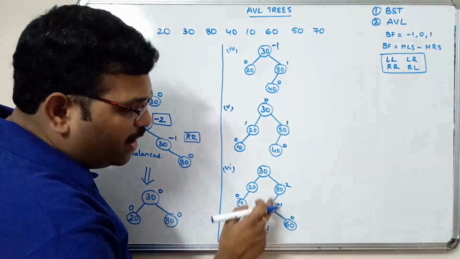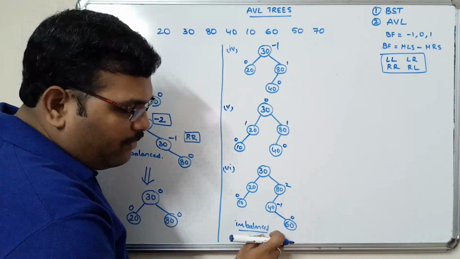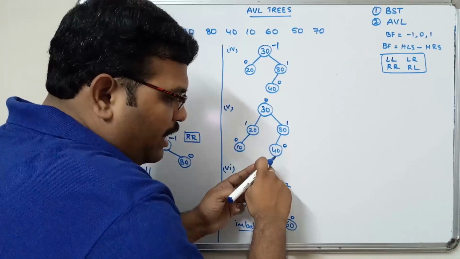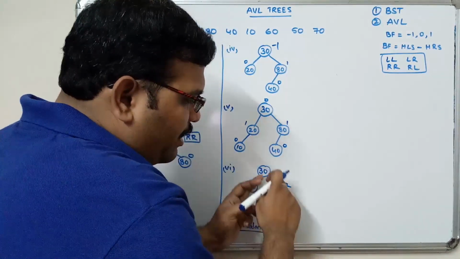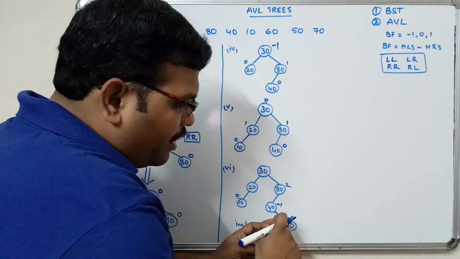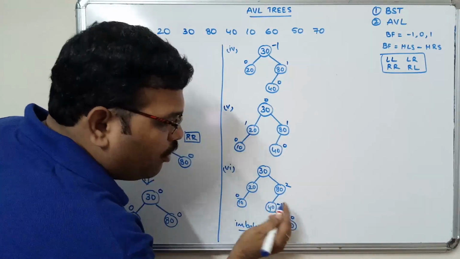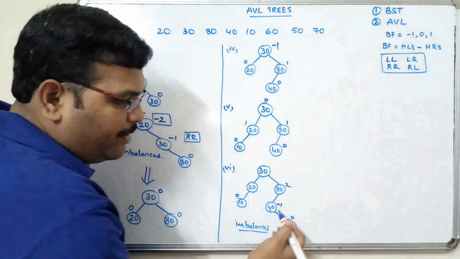So here when we are getting this violation, whenever we are inserting an element towards the right side, see, here we have got the violation for 80, right?